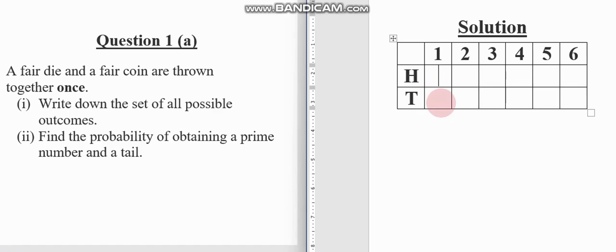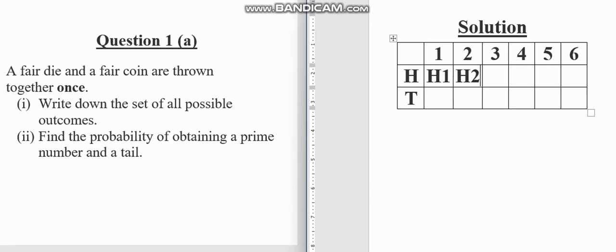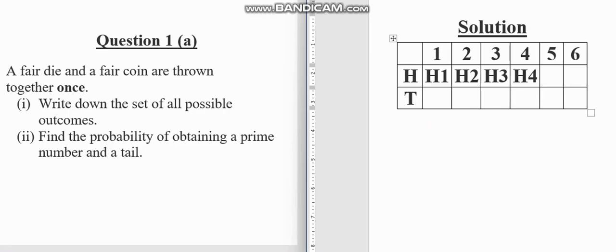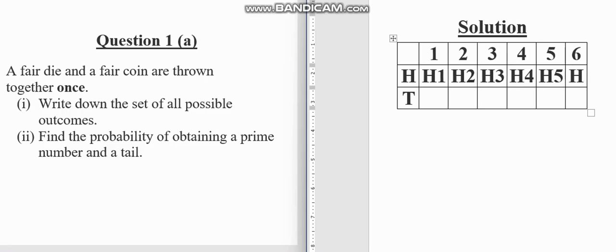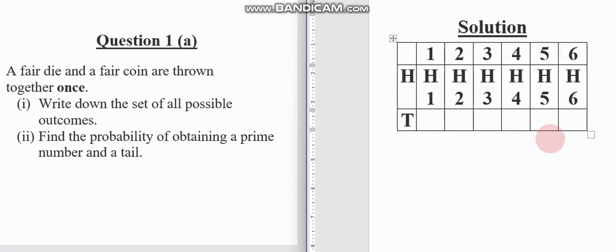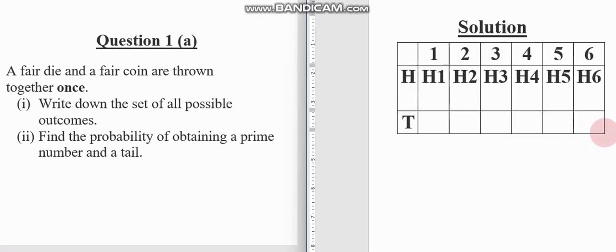So here will be H1, here will be H2, here will be H3, here will be H4, here will be H5, and the last one H6. So H1, H2, H3, H4, H5, H6.